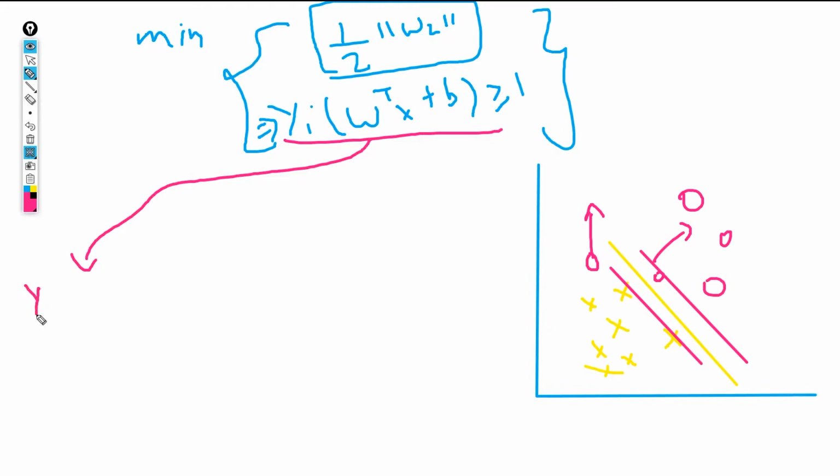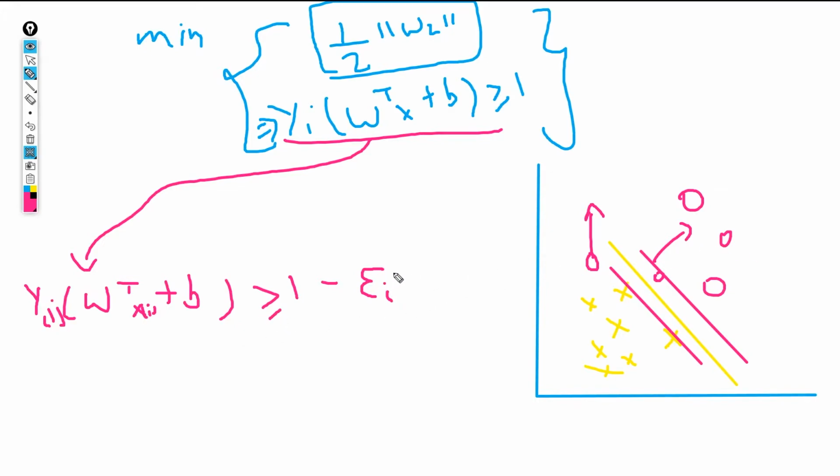It is going to be yi (w transpose x plus b) should be greater than or equal to 1. But I can allow some error, so I'm going to add ξi here.